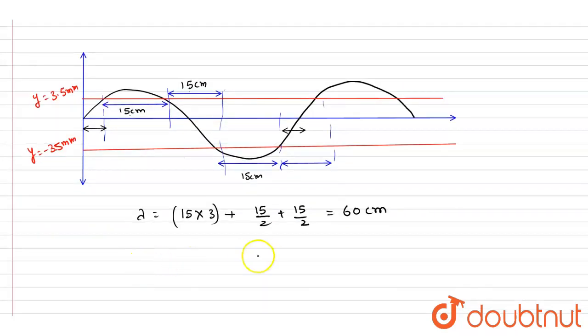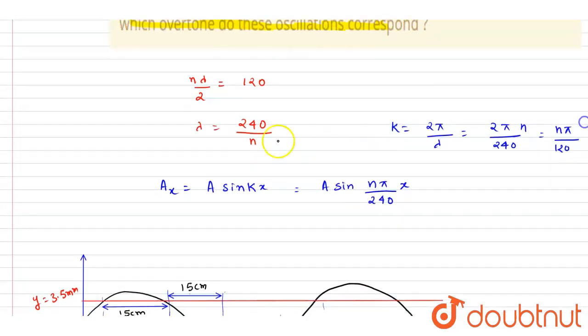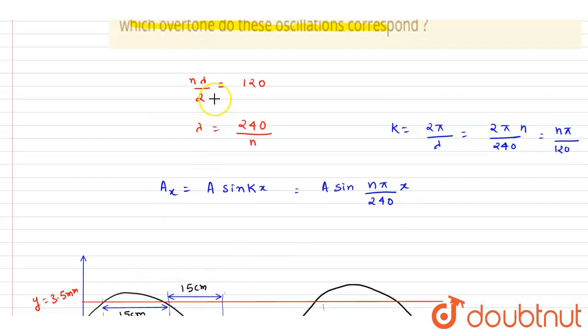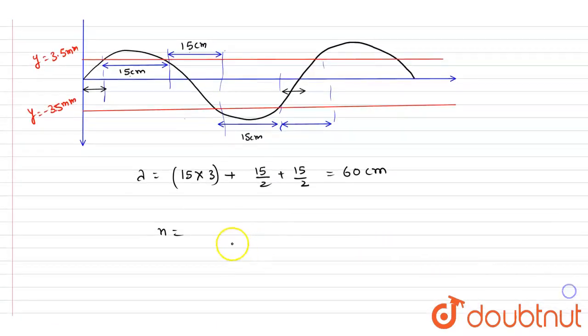So I will write down the number of overtone. If you see here, from this expression we can see n is 240 by λ. So I will write down the number, it is 240 by λ, so it is 4.